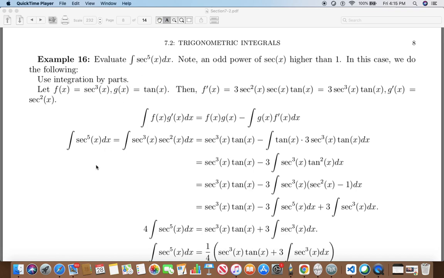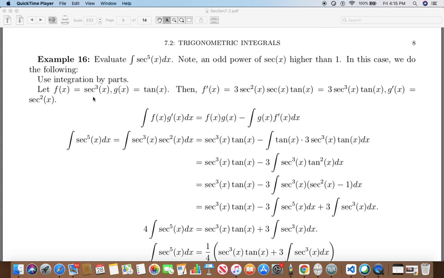Secant to the 5, we will write it as secant cube times secant squared dx. So this part is going to be the derivative of a function g. The derivative of g is going to be secant squared. Therefore, g should be tan x and the first part should be f.